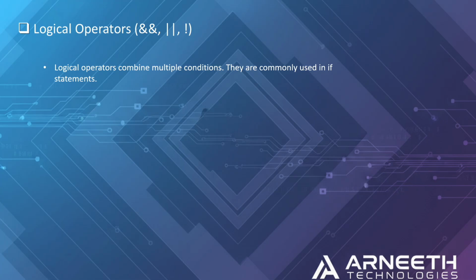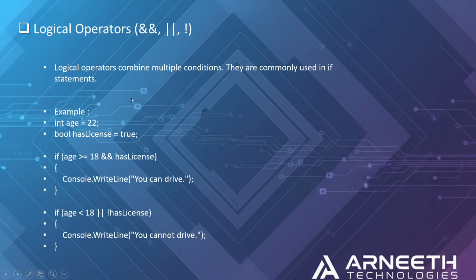They are commonly used in if statements. So when we are going to use an if statement, we are comparing something, checking some value, checking some statement, we have some conditions. That's the time we are going to use these conditions. For example, we have int age is equal to 22. So we will see the example for this.